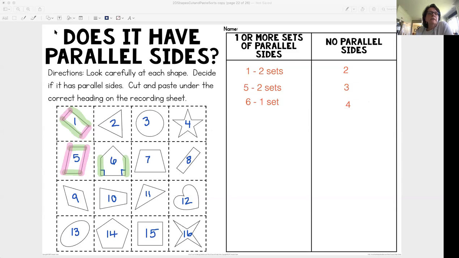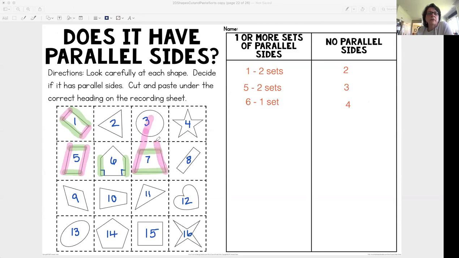Okay, number 7, I'm looking at it. I certainly see railroad tracks going this way. So it has 1 set of parallel lines. Let's check out these other sides here. I'm going to change to my pink highlighter, and I say, are they parallel? Well, look what happens. This one is slanted like this. It's definitely straight. And this one is slanted like this.